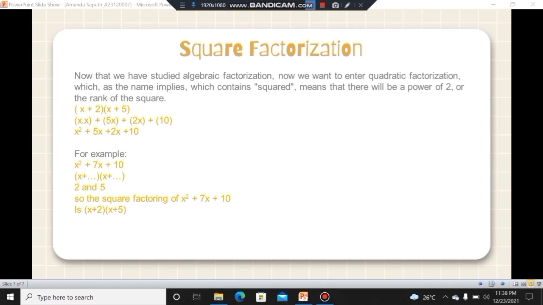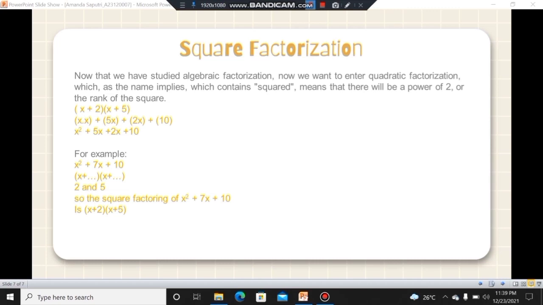Let's look at the previous equation. Say that we don't know the factorization yet in the algebraic form; we can see that b equals 7 and c equals 10.